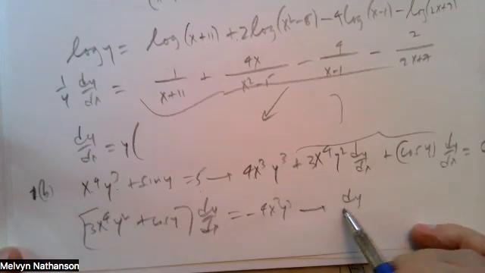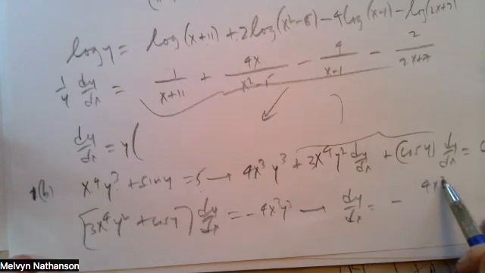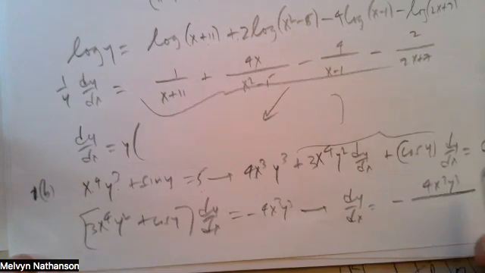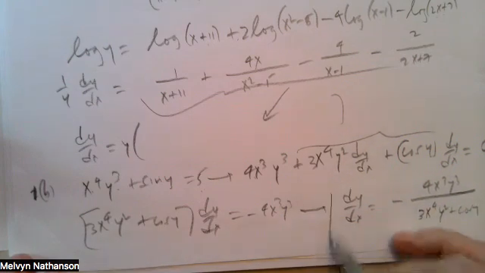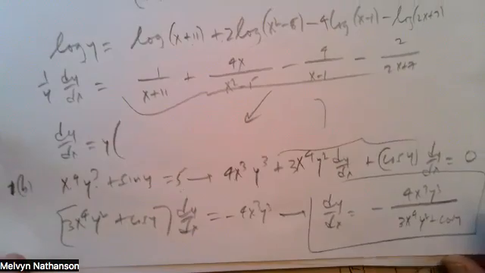So dy dx is minus 4x cubed y cubed over 3x to the 4th y squared plus cosine y. Okay, that's the answer. Question?